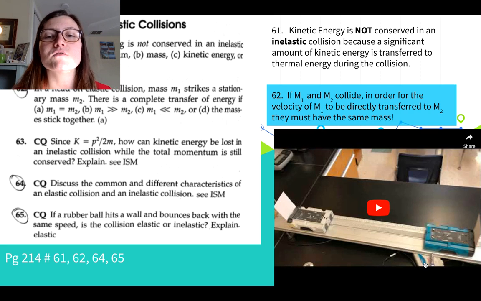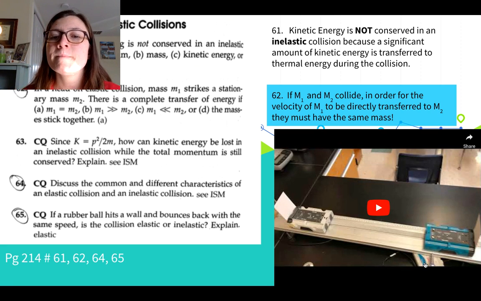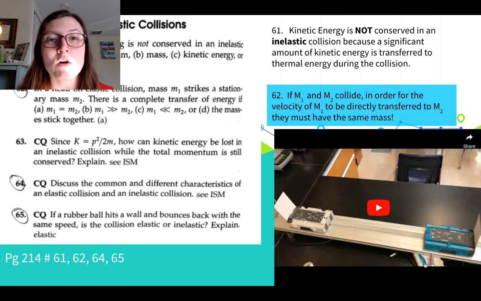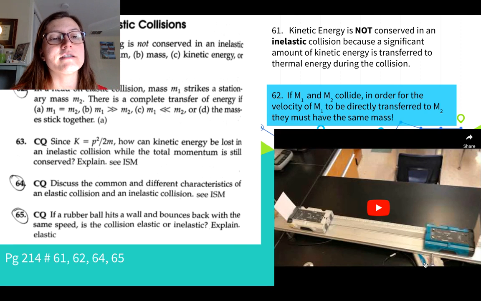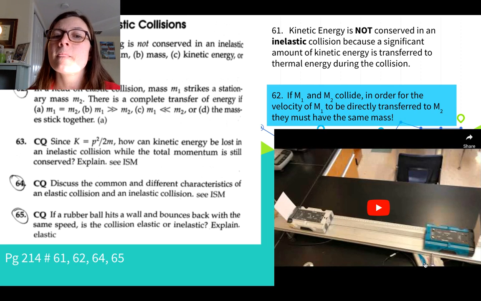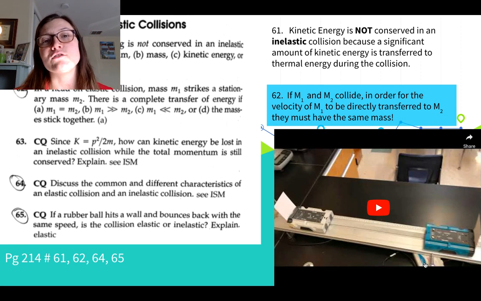So if M2 starts at a velocity of 0 and M1 starts at a velocity of 1, in order for M2 to have a velocity of 1 after the collision and M1 to have a velocity of 0, they must have the same mass. So the answer choice there is A. M1 must be equal to M2 for all of the kinetic energy to transfer.